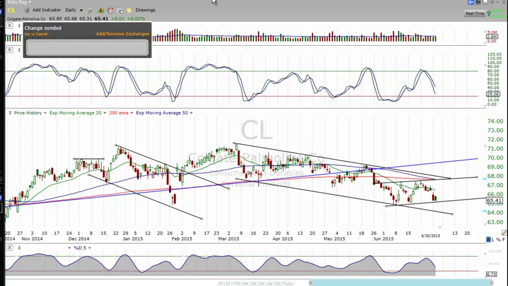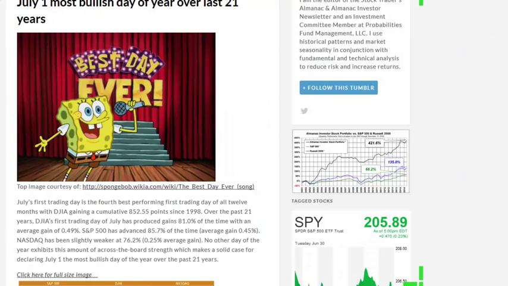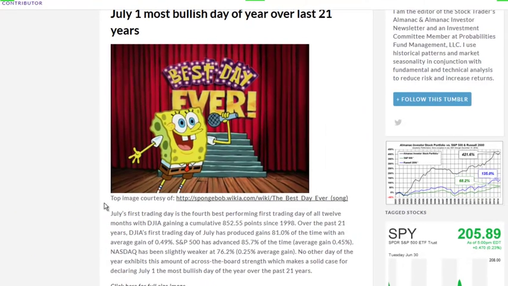The first trading day is the fourth best performing first trading day of all 12 months in the Dow Jones, gaining a cumulative 852.55 points since 1998. Over the past 21 years, the Dow Jones Industrial on its first trading day of July has produced gains 81% of the time, with an average gain of 0.5%, advancing 85.7% of the time on average.